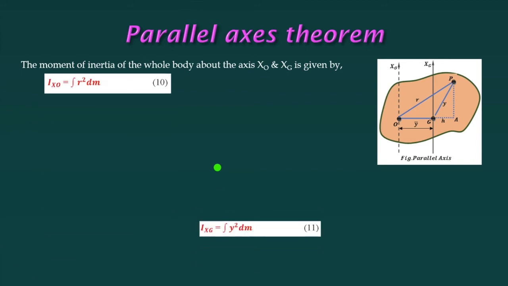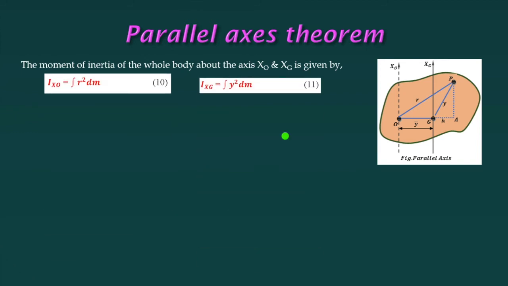Now in the parallel axis theorem, let's consider two axes. One axis is passing through the center G, and another through any arbitrary point O. Now let's consider a particle P on the rigid body with a mass dm.